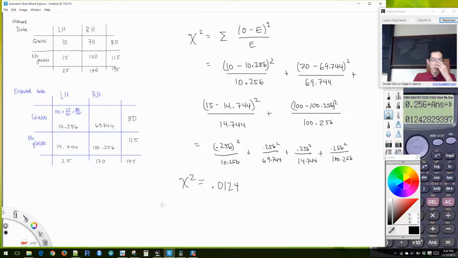So in this case, we look this up. Our p-value is going to be much greater than 20%. It's probably like 99% in reality.